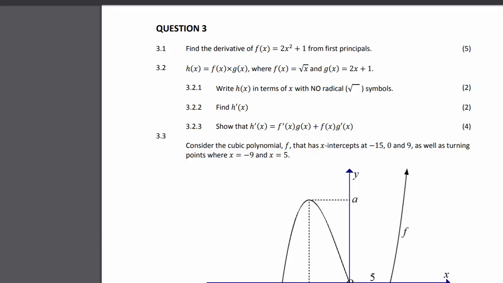You'll see it counts 2 marks, so it's 1 for every term. And now they ask me, okay, show that the derivative of h(x), the one we found just here, is also equal to the derivative of f times g, plus f times the derivative of g. So I must find the derivative of f multiplied with the expression of g, and then plus f, which is just square root x, times the derivative of g. So I already have the left side, but now let's look at the right hand side.